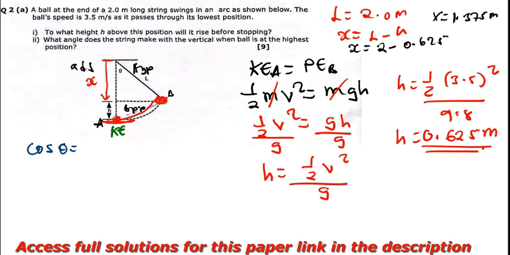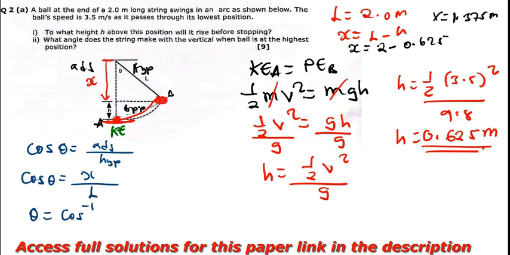Cos theta is adjacent divided by hypotenuse, of which we know that adjacent is x, divided by the hypotenuse, which is L. Now my goal is to find theta. I'll divide both sides by cos. So therefore theta will be equal to cos inverse of x divided by L.